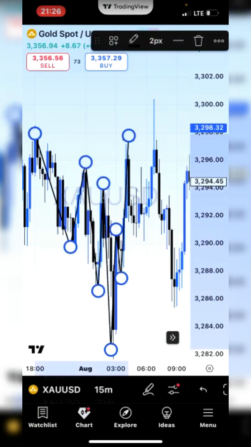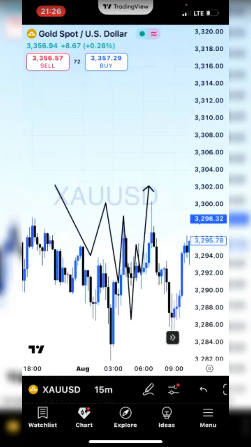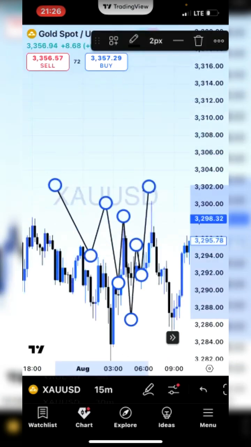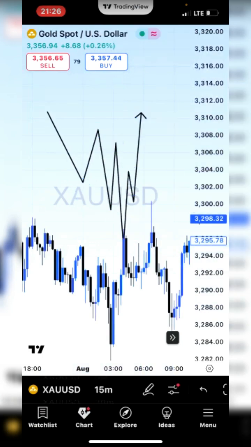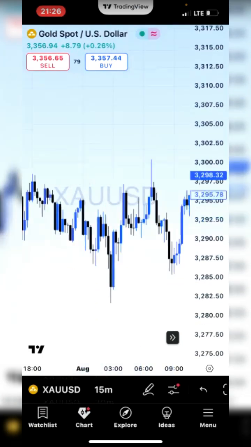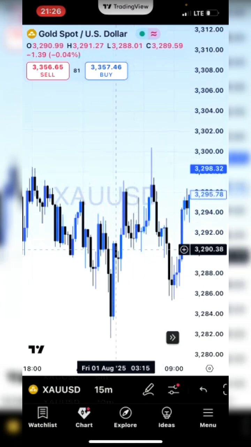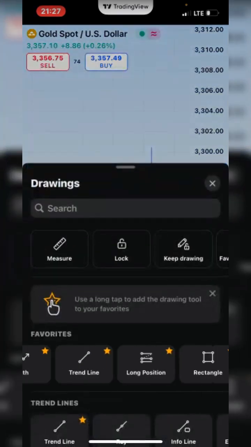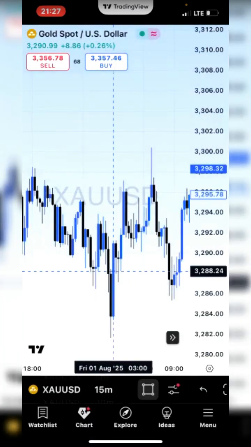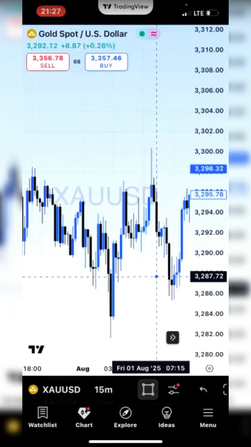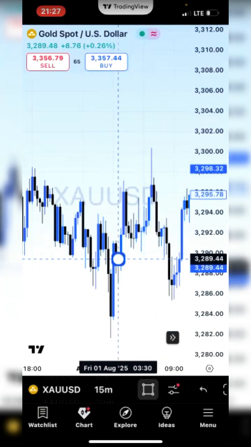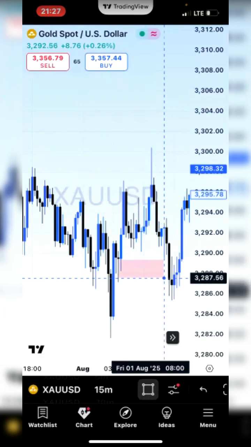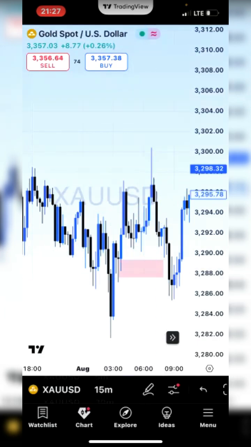So if I even bring this diagram out, you can see that it's the same description I showed you. If I'm to delete this minor pullback that was formed before the main change of character, this is the invalidation X. Do you guys understand?